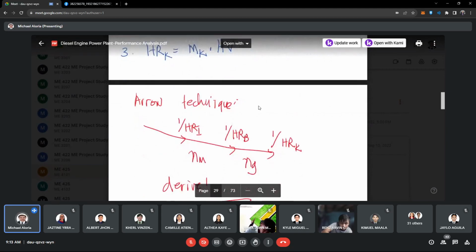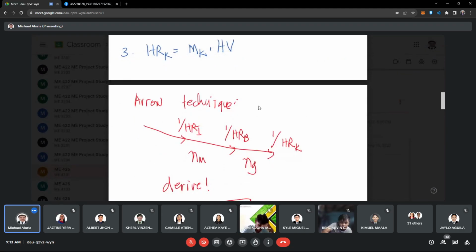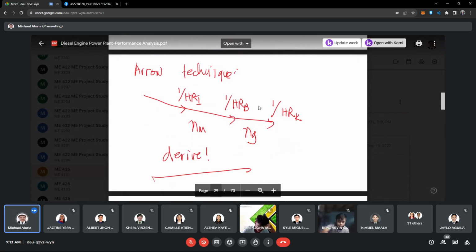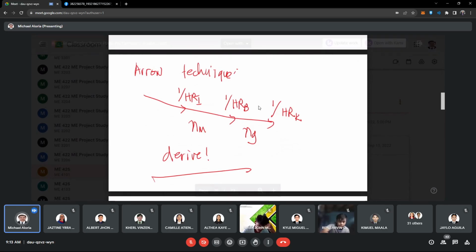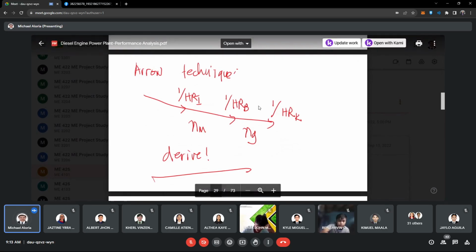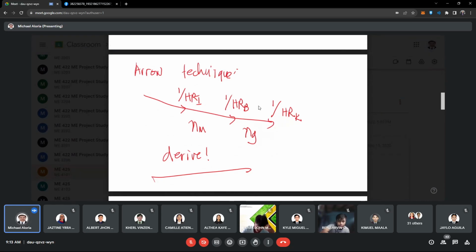Kung titingnan mo uli ngayon sa ating arrow diagram, siya ay 1 over indicated heat rate, 1 over brake heat rate, and 1 over combined heat rate. So you can derive again your mechanical efficiency and generator efficiency. Okay, go.